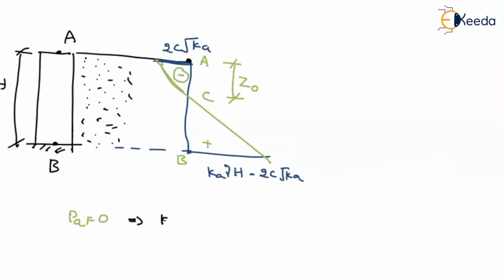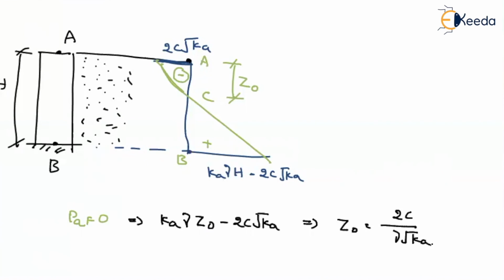That implies Ka into gamma into Z0 minus 2c into root Ka equals 0. Solving this equation, you will get Z0 equal to 2c divided by gamma into root Ka. The point where the active earth pressure is equal to 0 is 2c divided by gamma into root Ka.